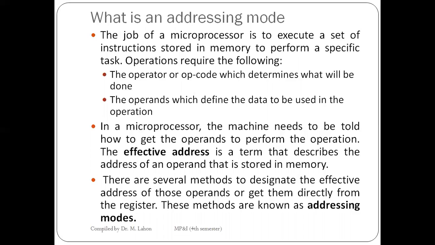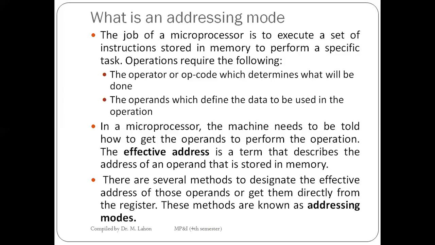You can see in the slide, I'm just reading the slide to you, I've already explained. The job of a microprocessor is to execute a set of instructions stored in the memory to perform a specific task. Operations require the operator or opcode, which determines what will be done, and the operand, which defines the data to be used in the operation.